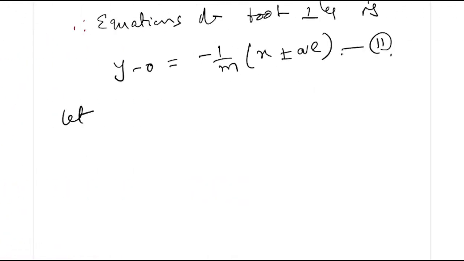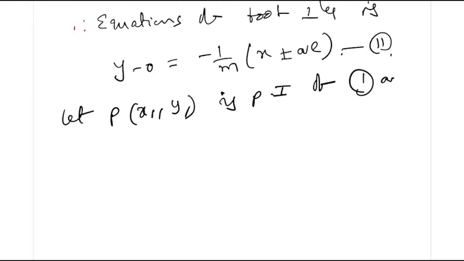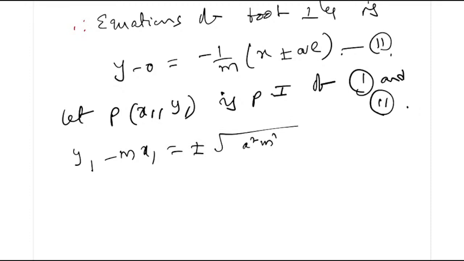So let P (x1, y1) be the point of intersection of 1 and 2. Just solve those two. When you solve 1 and 2, you will get: y1 minus m x1 equals plus or minus the square root of a square m square plus b square. Second, y1 is equal to minus 1 by m into x1 plus or minus ae.